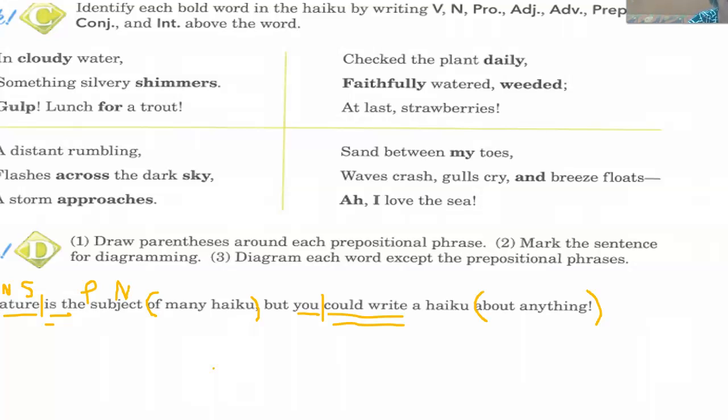Now let's look at the second half. But you could write. So you would be our subject. What kind of verb is could write? It is an action verb. So you could write what? You could write Haiku. Haiku becomes what part of speech?